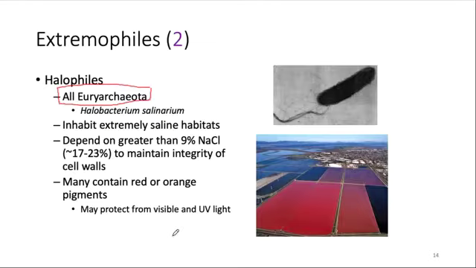Many will contain pigments, which may be red or orange, and most likely serve as a protective mechanism. The pigment generally in prokaryotes protects them from very high energy molecules that are produced during photosynthesis, or free oxygen radicals that are produced during respiration.